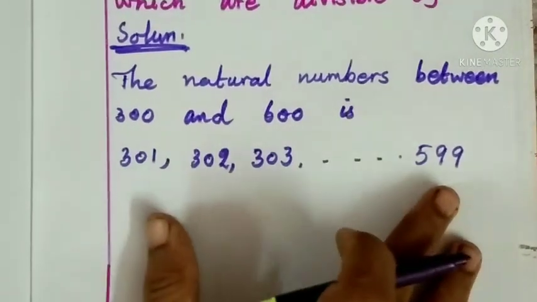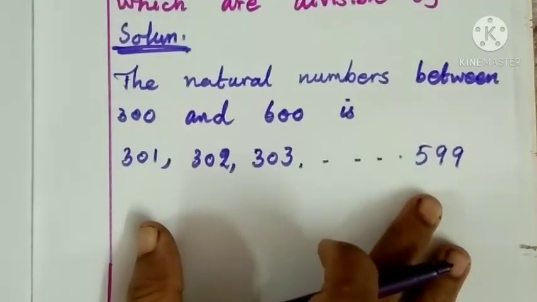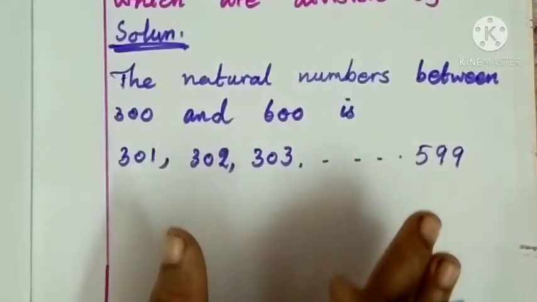From this sequence, we have to find the numbers which are divisible by 7.